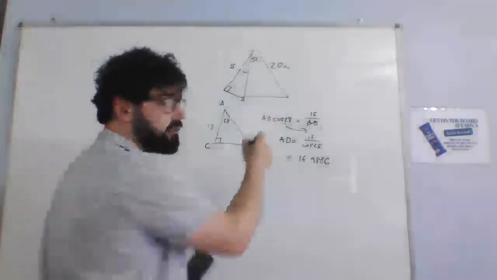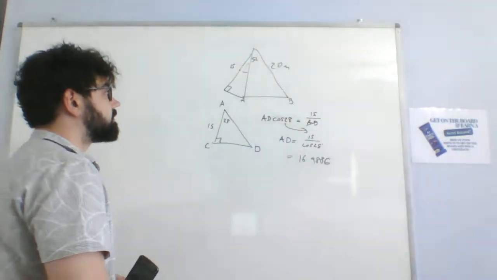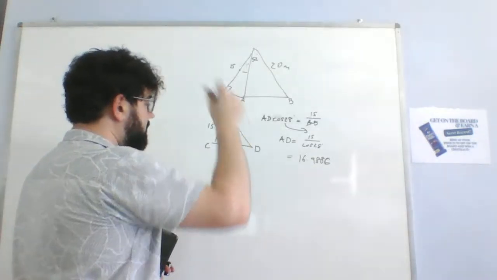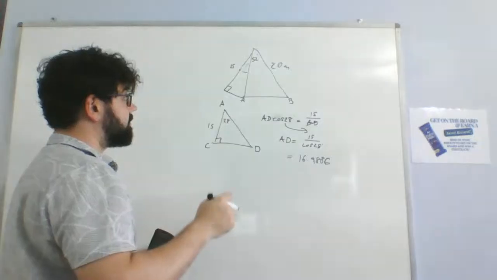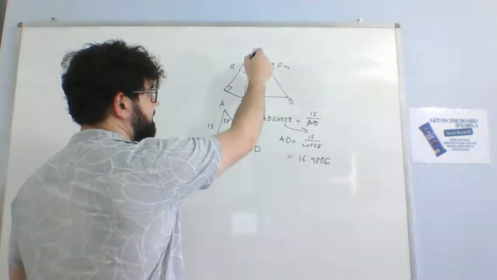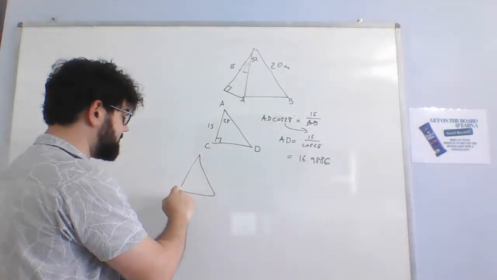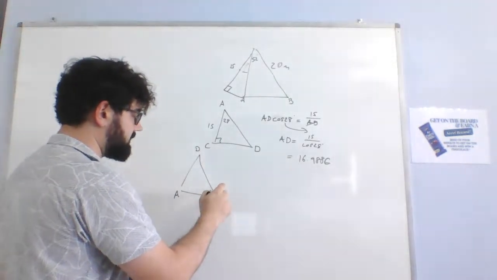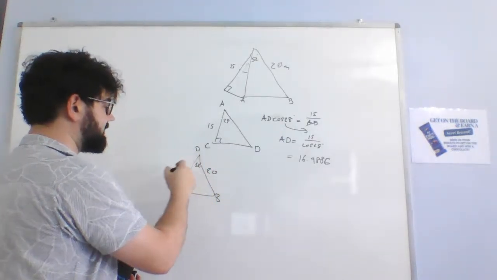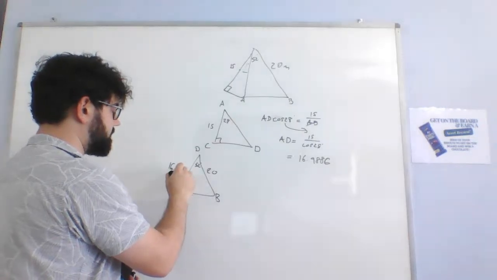So we're looking for AB. If we look at what we've been given there, look at triangle ADB. We've got the 20, we've got an angle of 52 degrees, and then we've got this side now, which we found to be 16.9886.